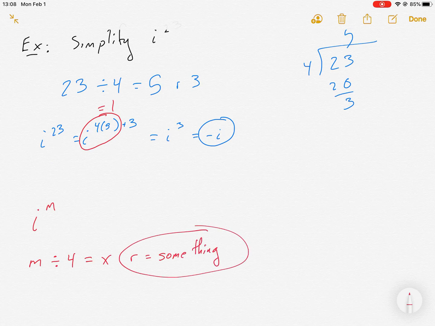And so then whatever I to that remainder is, this will give you your final answer. But the idea here is you're going to first divide by 4. You'll get some number. We don't care about any of that because the I powers cycle in multiples of 4, so we don't really care about this. What we care about is the remainder.